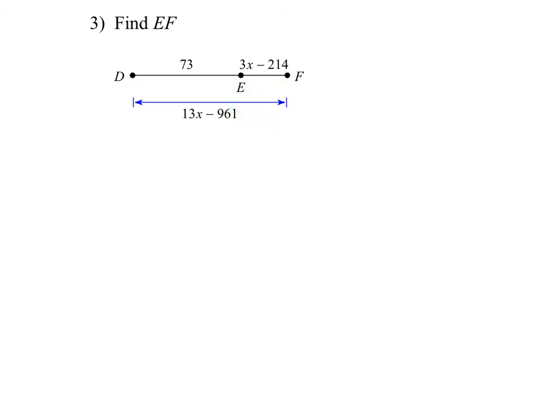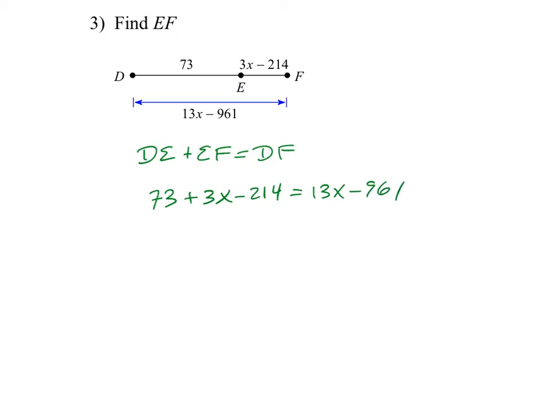So that means that DE plus EF equals DF. So 73 plus 3x minus 214 equals 13x minus 961. So 3x minus 141 equals 13x minus 961.